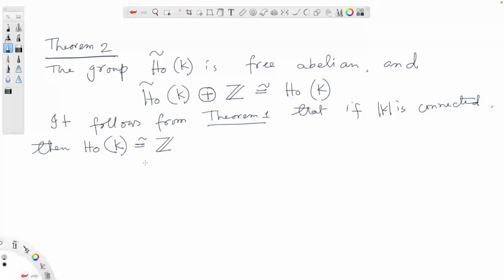Okay. Thus, H0 tilde of K vanishes in this case, if the underlying space of K is connected. Right?